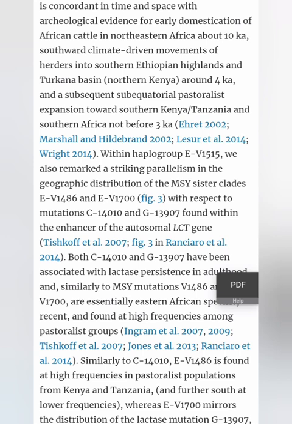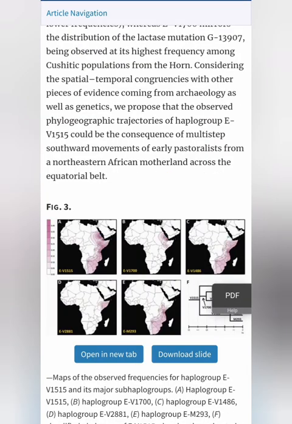Similarly to C14010, EV148 is found at high frequencies in pastoralist populations from Kenya and Tanzania, where EV1700 mirrors the distribution of the lactase mutation G13907, being observed at its highest frequency among Cushitic populations of the Horn.